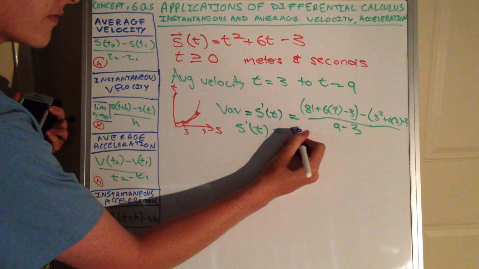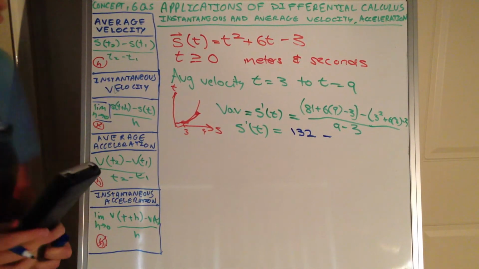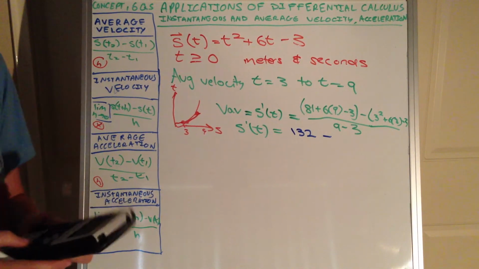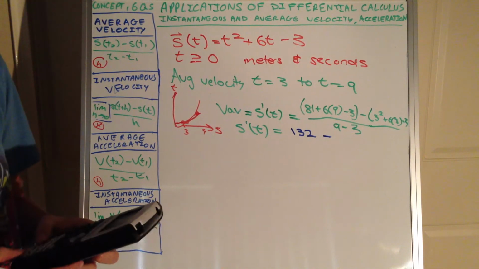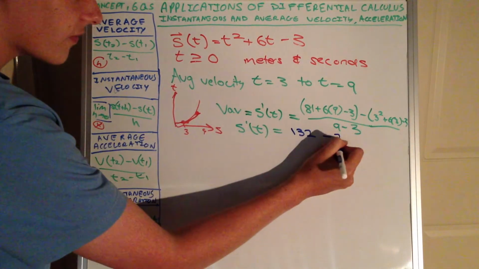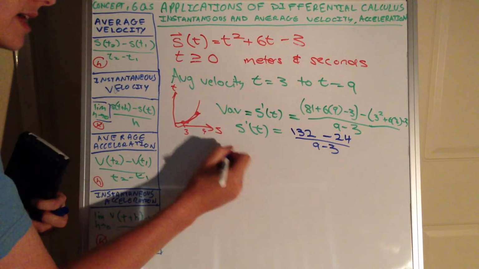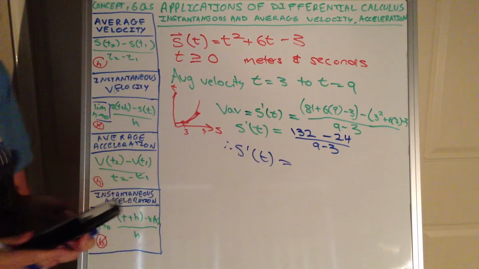So we have 132, and then we subtract, and then we work out the next bit. 3 to the power of 2 is 9, plus 6 lots of 3, so that's 9 plus 18, which is going to be 27, and then we take 3, so that's going to be 24. All over 9 take 3.